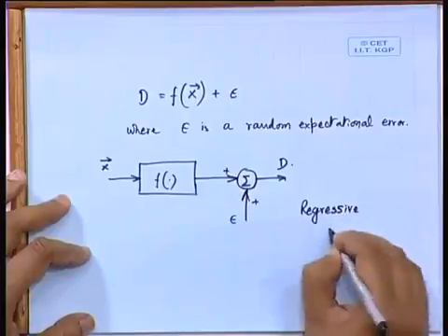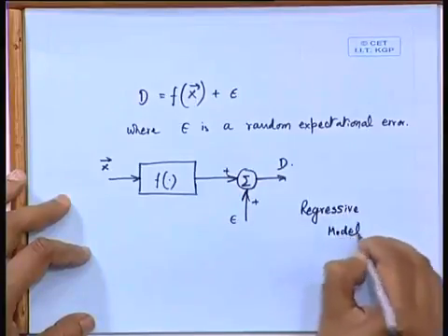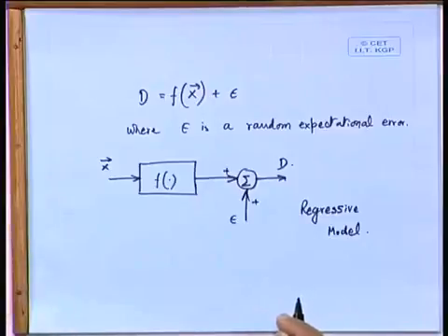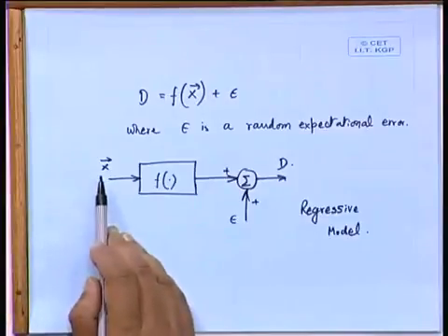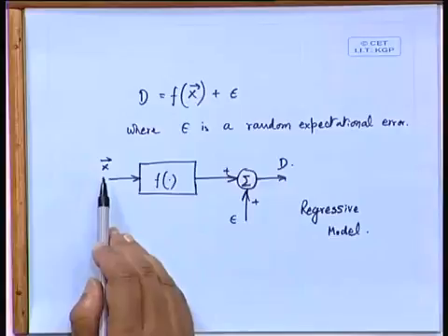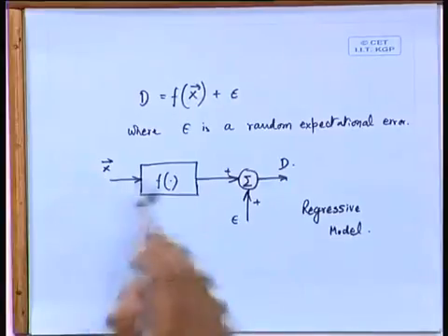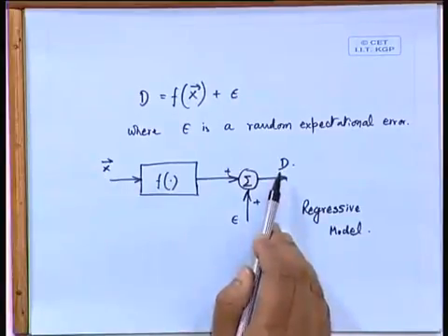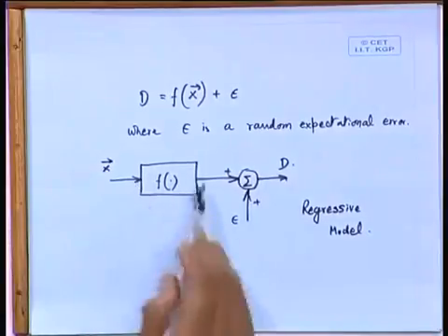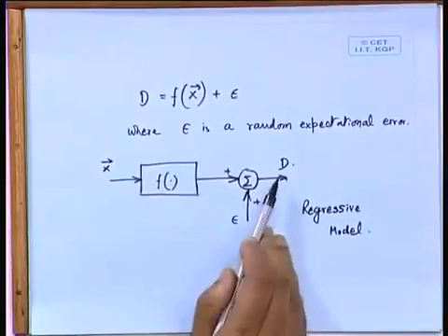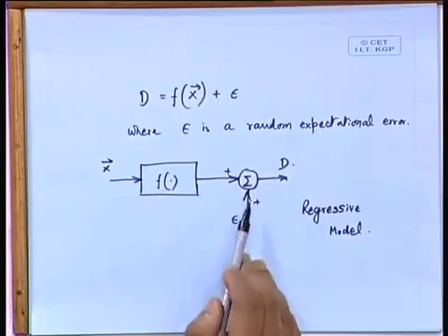It is a mathematical regressive model: what we have as the input is x and what we have as the output is d, and in between it is this function f of x which models this. Is this f the same as the target function f?